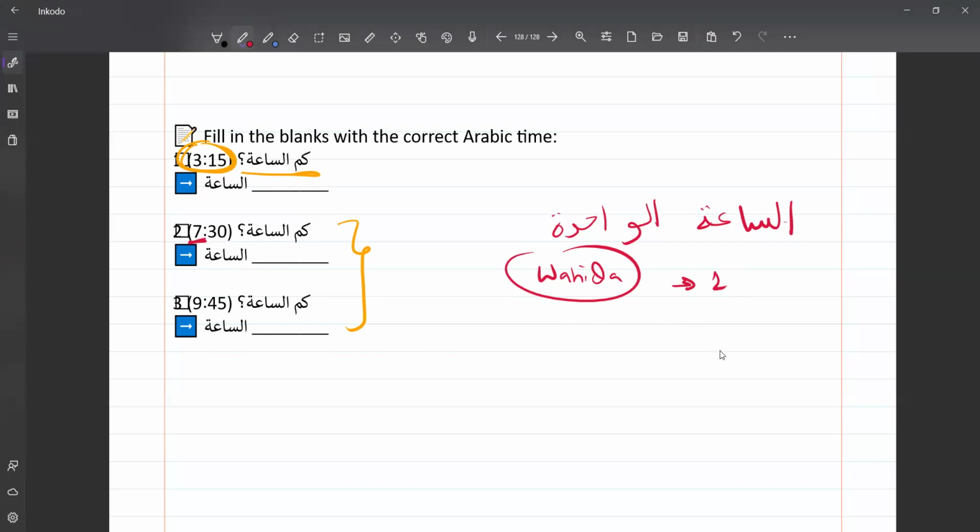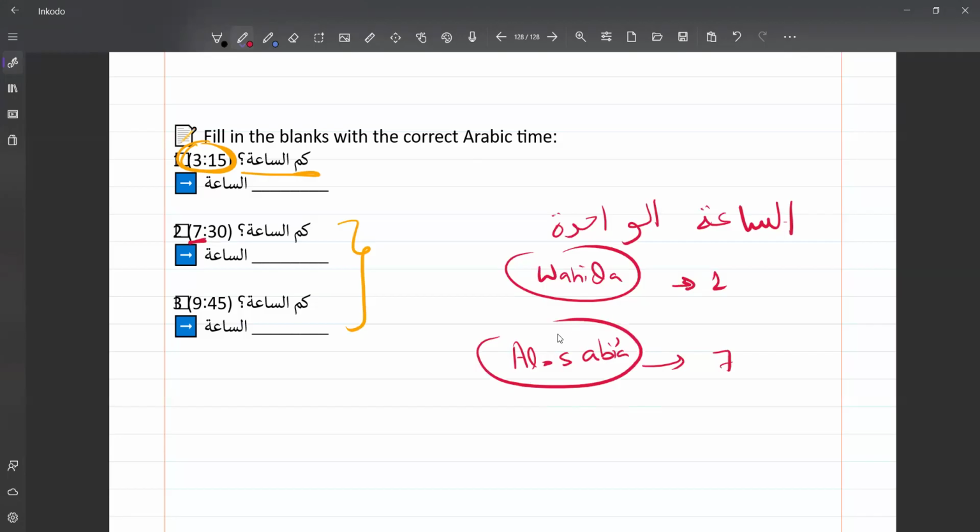And here you can see 7 is used. While telling time, we pronounce 7 as as-sabi'a. As-sabi'a means 7 while telling time.